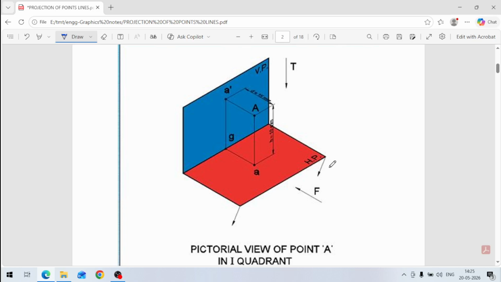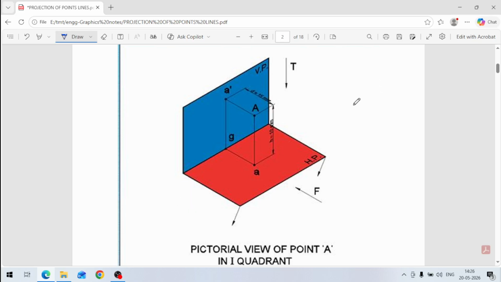This is the vertical plane, and it is the pictorial view of point A. If we observe from the top, and from the front view, we consider that this horizontal plane is tilted in this direction, clockwise, because on the paper we have to show the projection of the point in both the planes, so we have to tilt it by 90 degrees so that it comes onto the paper.